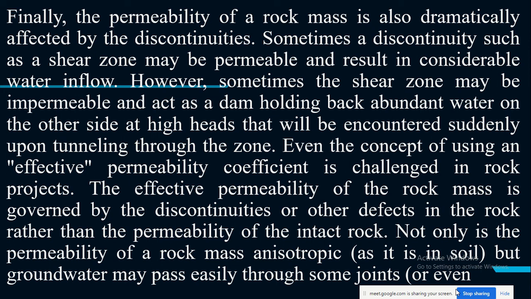So finally, the permeability of rock mass is also dramatically affected, of course, by discontinuities. You can imagine, water would tend to flow around the cracks, the discontinuities, or the imperfections. Sometimes a discontinuity such as a shear zone may be permeable and result in considerable water flow.